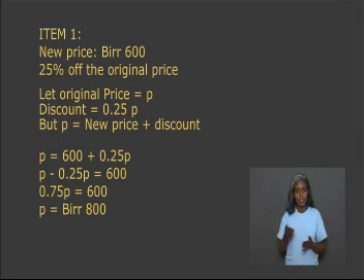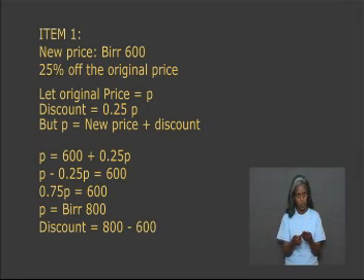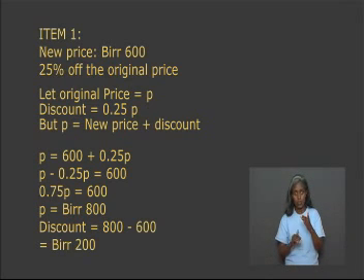We can rearrange this equation to say that P minus 0.25P equals 600. So 0.75P equals 600. Therefore, the discount equals the difference between 800 and 600. The discount is 200 birr.